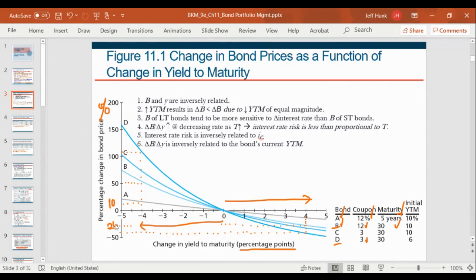Almost 25 negative, right? So long-term bond is clearly more sensitive than short-term bond, which is Malkiel's theorem number 3.